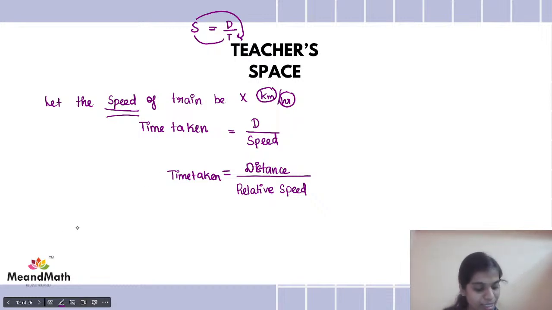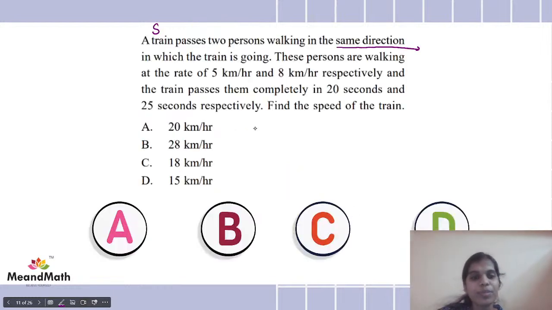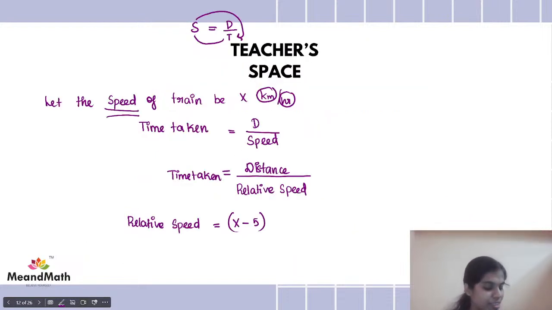Now we find the relative speed. In the same direction, for the first person, relative speed is x minus 5. How did this 5 come? It is given that the person is moving at 5 km per hour in the same direction as the train. So x minus 5 kilometer per hour. Now convert this into meter per second for the first person.